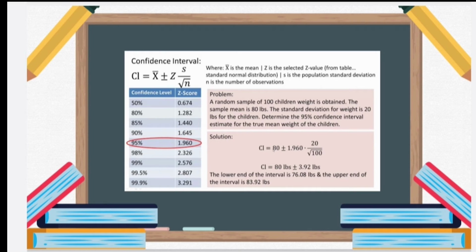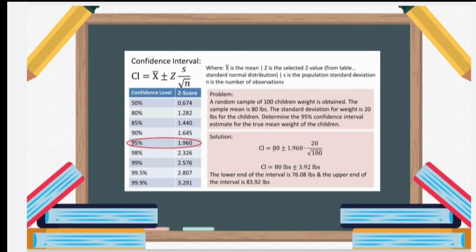And confidence interval is equal to 80, which is the sample mean, plus or minus 1.96. 1.96 is the z-score value of the 95%, times 20 over square root of 100.